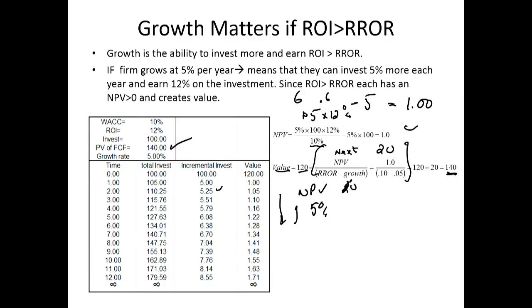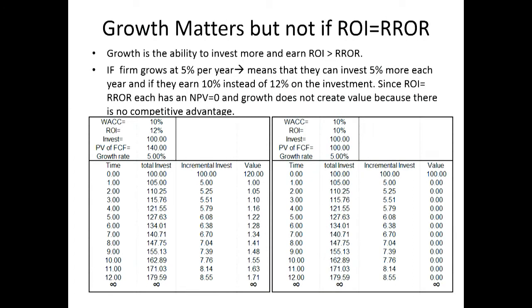Now, the question comes down to, what happens if I am only able to earn my required rate of return? Well, in this particular case, growth doesn't add any value, because if I'm only able to earn 10% on my investment, every new project that I create is a zero NPV project, and therefore, even if I'm growing, adding zero NPV projects does not create value for me today.